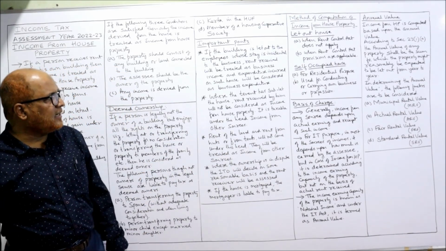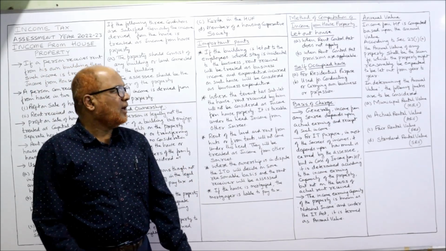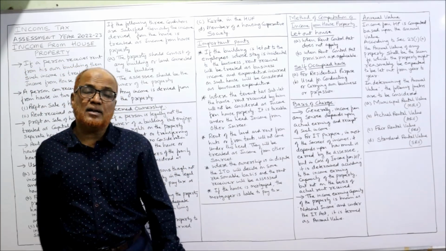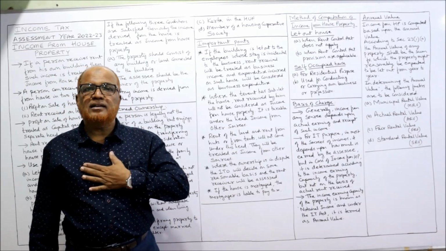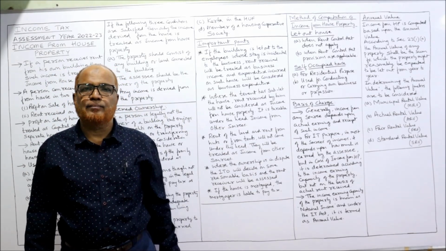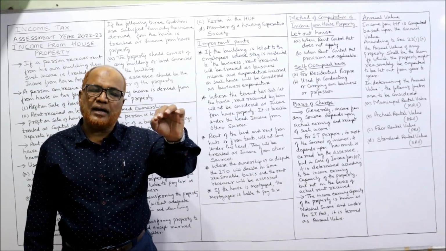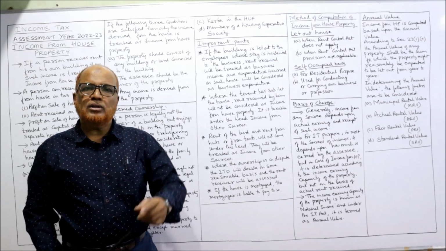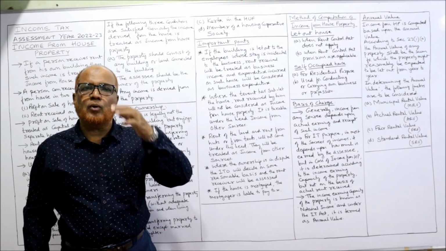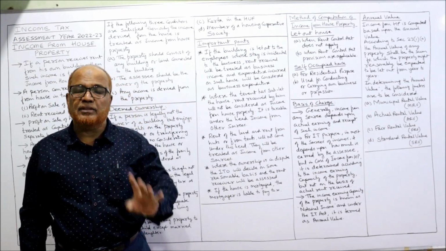Secondly, where the tenant has sublet the house, rent received by him will not be considered as income from house property. Example, I am the owner of the house. I have let out the house to my tenant and gave the permission to the tenant that you can sublet it. So my tenant is paying me, suppose, 50,000 rupees rent per month.